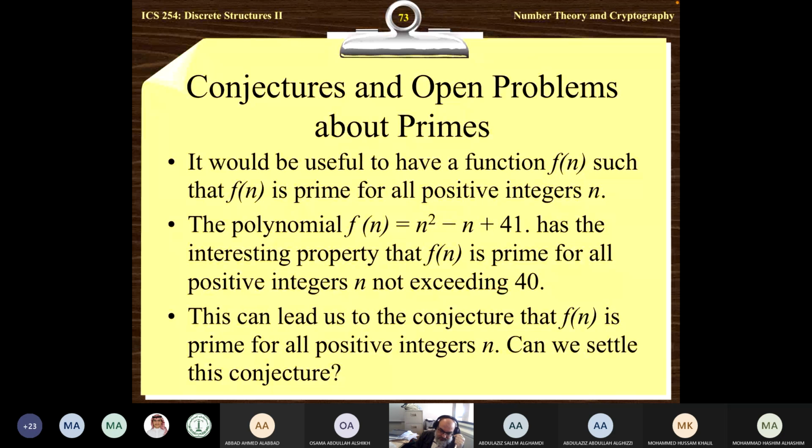Right. Question. This can lead us to the conjecture that f of n is prime for all positive integers n. Can we settle this conjecture?